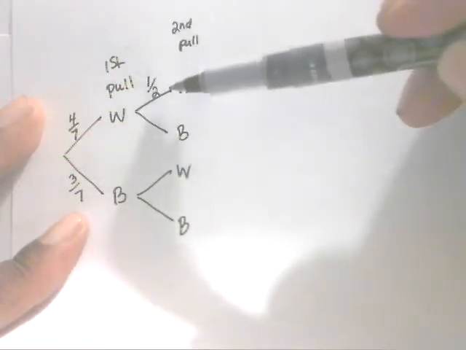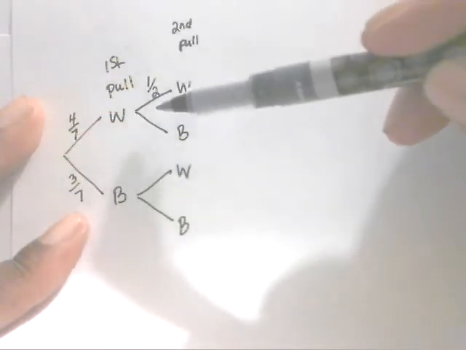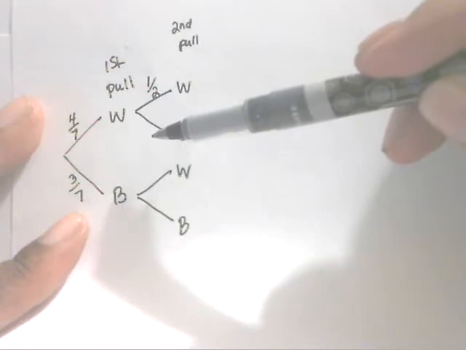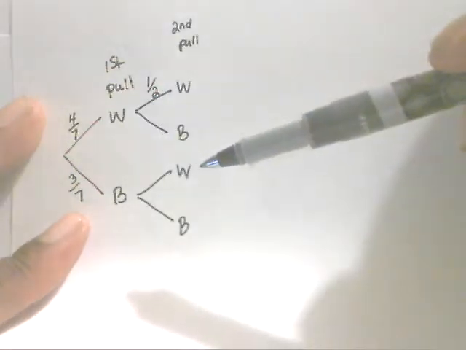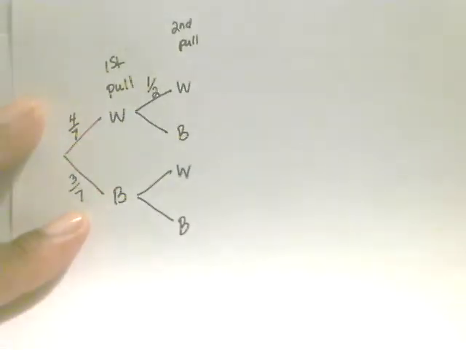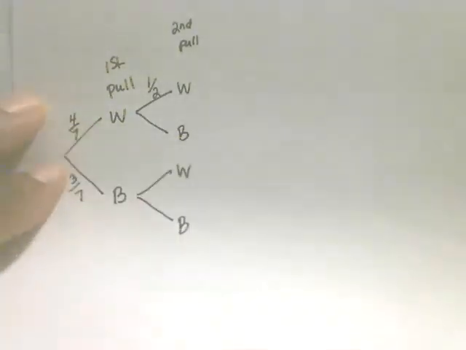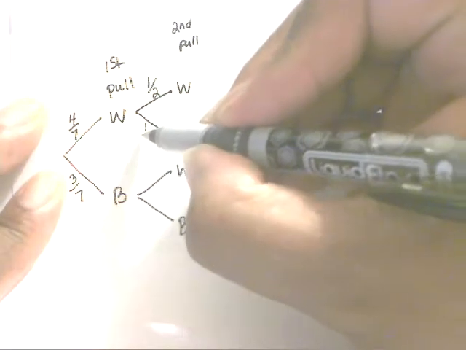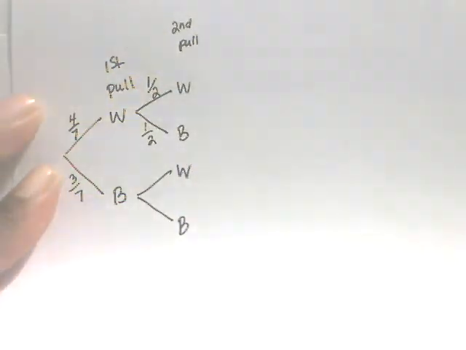So it's 3/6. We reduce 3/6 to 1/2. But we're still going to have 3 black balls in the box. So it'll be 3/6, which is still going to be 1/2, because there's still 3 black balls in the box.